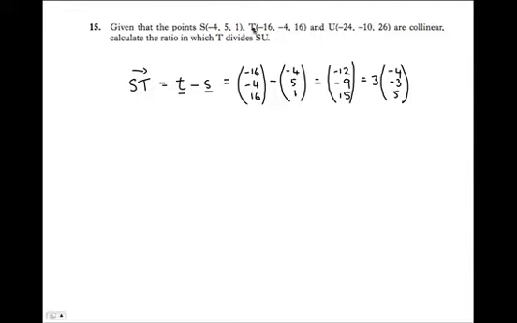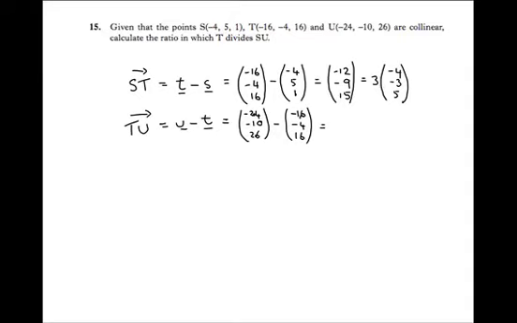Let's do the same for the journey from T to U. So travelling from T to U, position vector of U minus position vector of T. We know the position vector of U, minus 24, minus 10, 26. Minus, we know the position vector of T, minus 16, minus 4, 16.